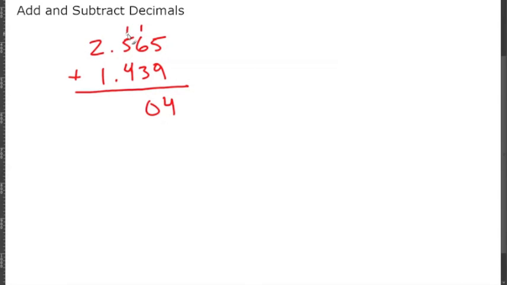Carry the 1 again. 1 plus 5 is 6. 6 plus 4 is 10. Put the 0, carry the 1 again, keeping the decimal in line. 1 plus 2 is 3. 3 plus 1 is 4. So we're going to get 4 4 thousandths as our answer.